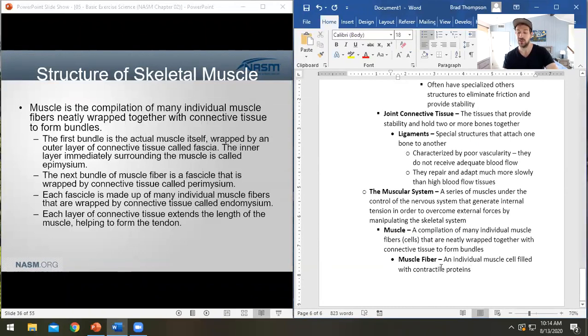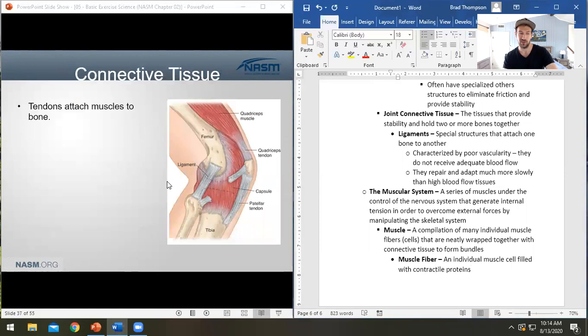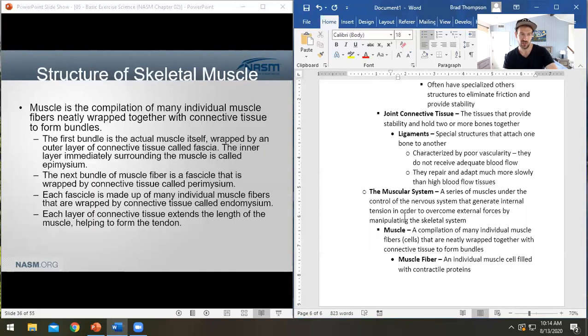So that's what a muscle fiber is. And so a muscle is a bundle of a bundle of a bundle of a bundle, right? And there's that picture again when we get to connective tissue. So in a muscle, you're going to see things like fascicles, right? A fascicle is a bundle of individual muscle fibers wrapped together.